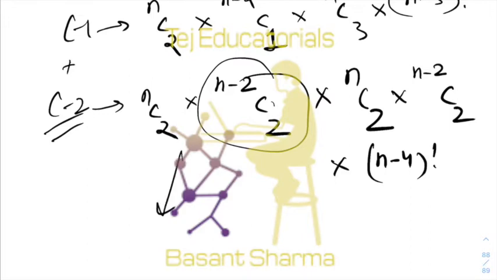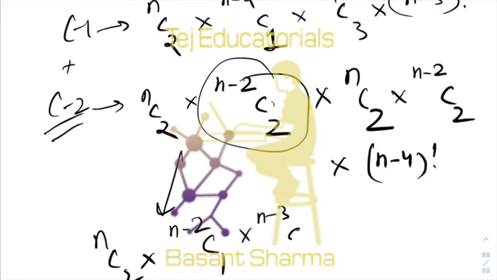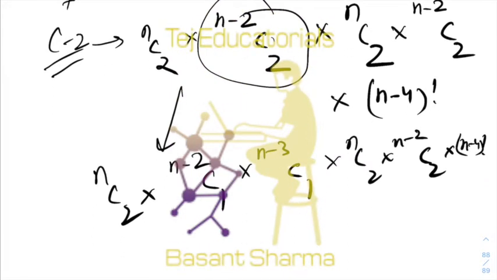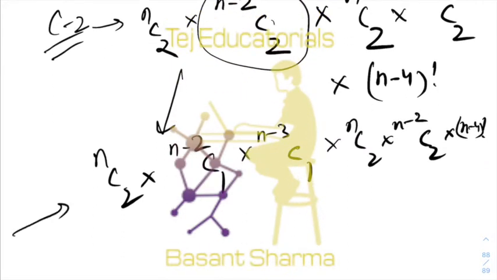Why did we not do this: NC2, then out of the remaining n minus 2 children select first child, then out of remaining n minus 3 children select one child, then NC2 into n minus 2 C2 into n minus 4 factorial. But see the problem. So you get what I'm saying, why this is wrong? Because overcounting will start occurring now.